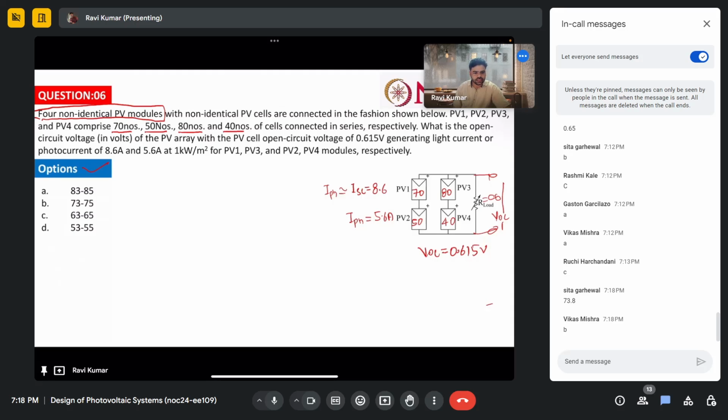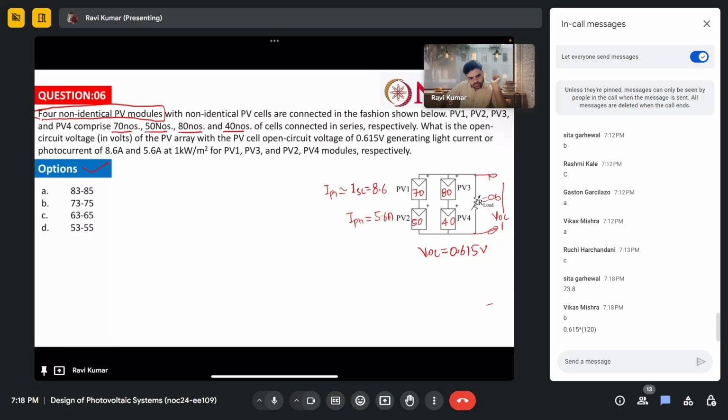Sita said 73.8, Vikas said B. Okay. How did you calculate it? So actually, PV1 and PV2 are in series, and this combination is in parallel with PV3 and PV4.